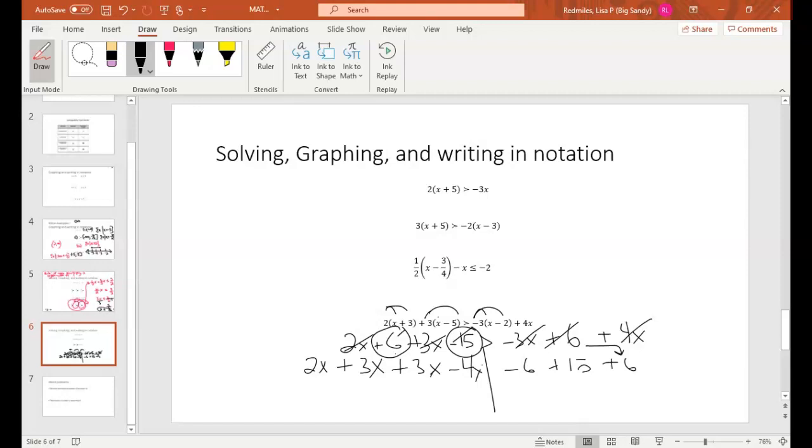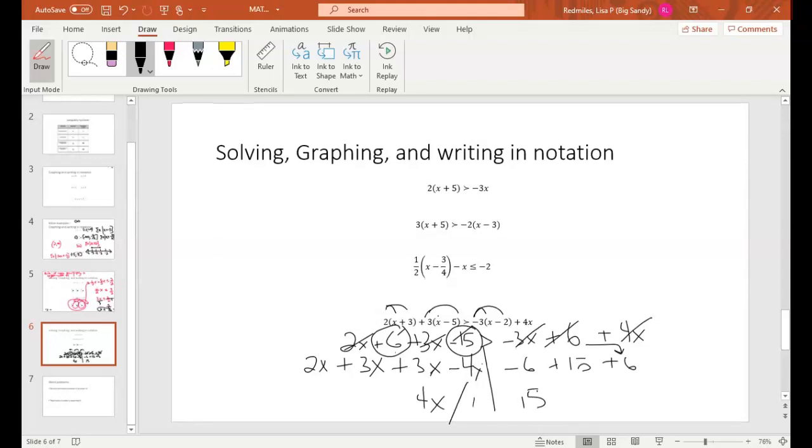Combine our like terms. So on the left, we have 2 plus 3 minus 4, which is positive 4. On the right, we have negative 6 plus 15 plus 6, which is 15. Dividing by a positive, so we keep our inequality the same.